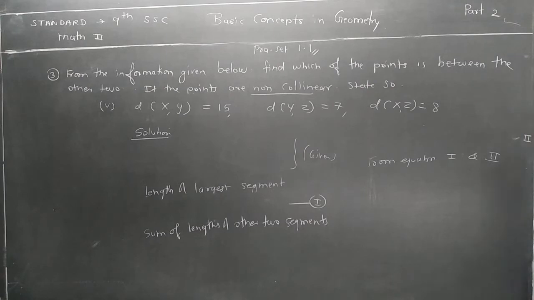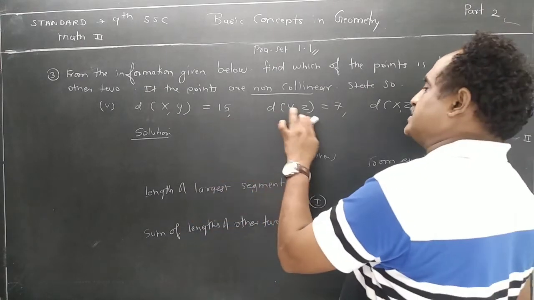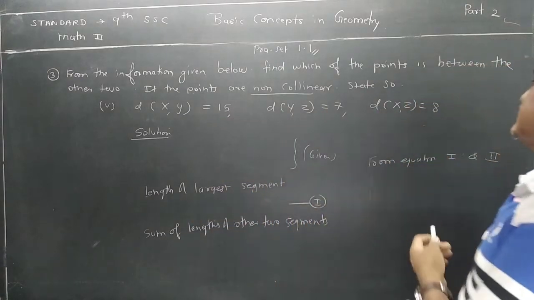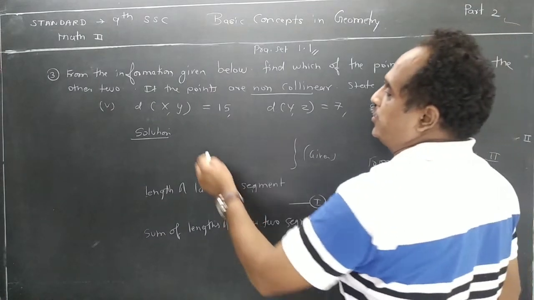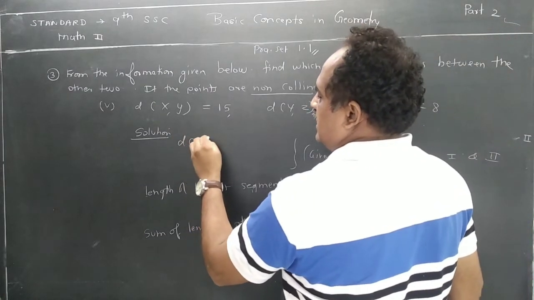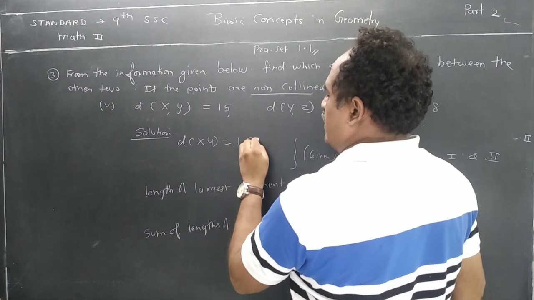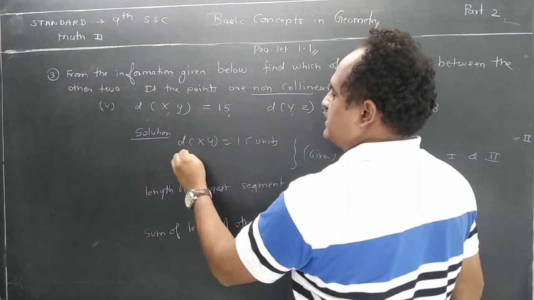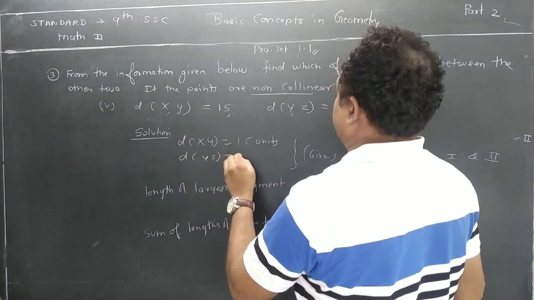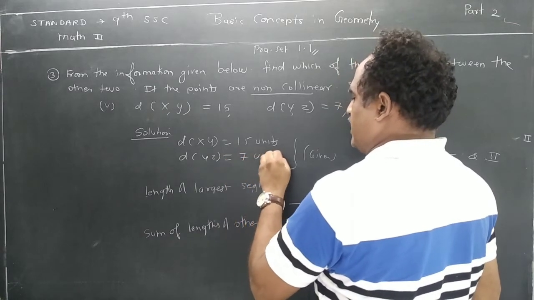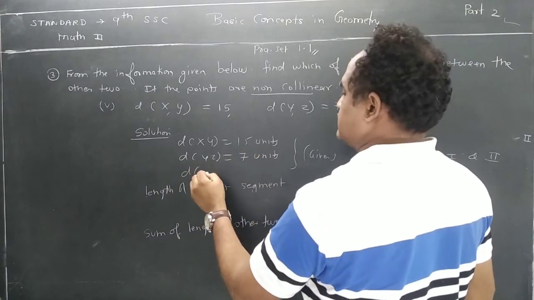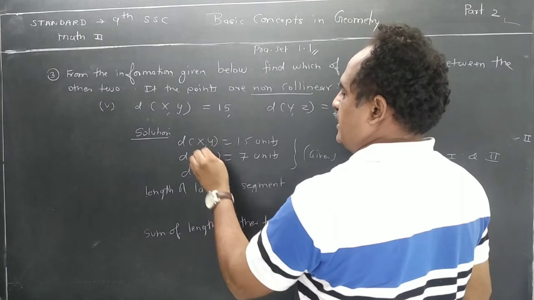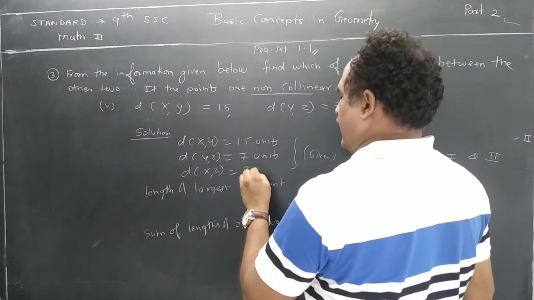This is question number 5. Distance XY is 15, distance YZ is 7, distance XZ is 8. So what are we going to do? Distance XY is equal to 15 units. Distance YZ is equal to 7 units. And distance XZ is equal to 8 units.